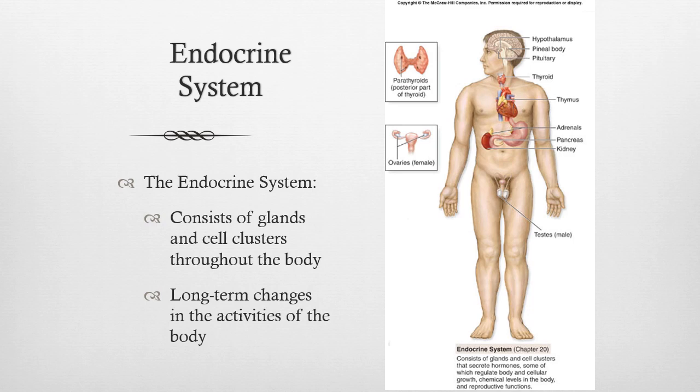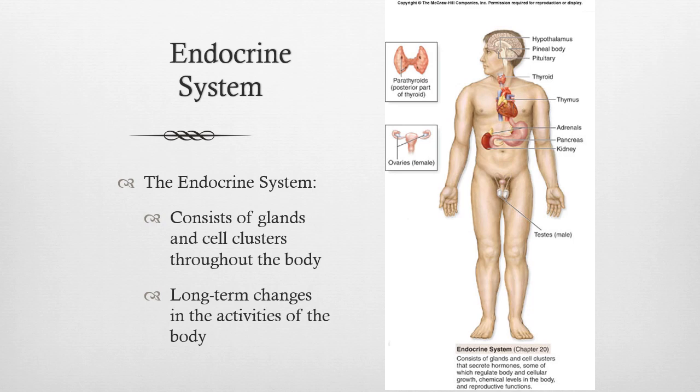The other way that we have to communicate within the body is the endocrine system. The endocrine system allows us to communicate as well, but it's a much slower communication. And so it allows us to communicate over long distances. One of the downsides, in a sense, to the endocrine system is that the communication needs to travel through the bloodstream, so it's going to travel with the cardiovascular system.